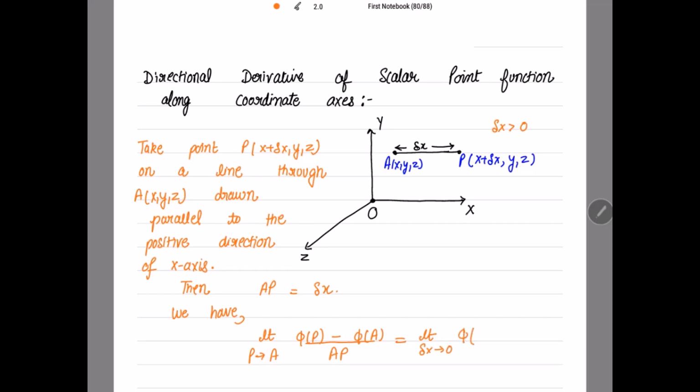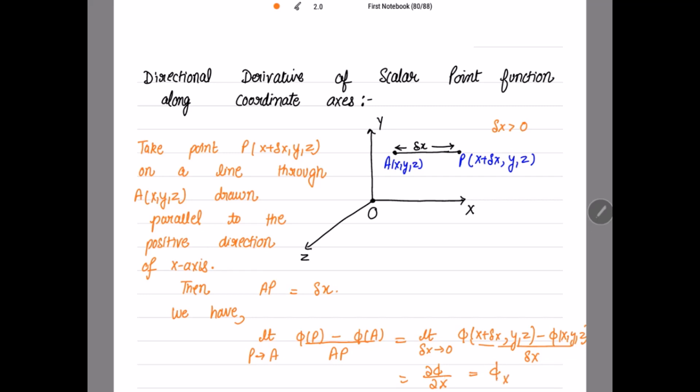Phi of P, that is phi(x plus delta x, y, z) minus phi(x, y, z), over delta x. So this is nothing but your del phi over del x, right? Which is denoted as phi x.